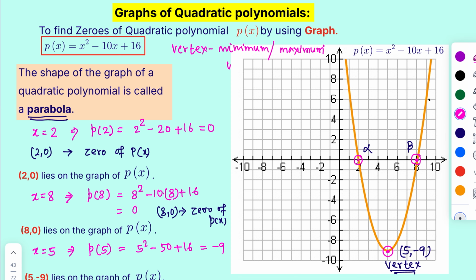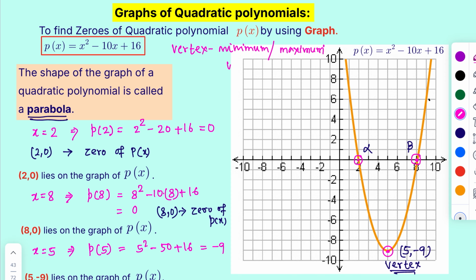And if you observe here the coefficients of p of x, suppose we are taking p of x as ax square plus bx plus c, which is a standard polynomial, and here we compare this with the given example, x square minus 10x plus 16.